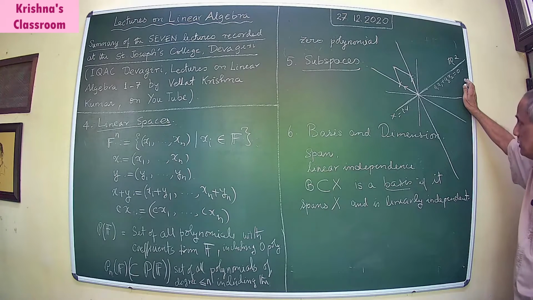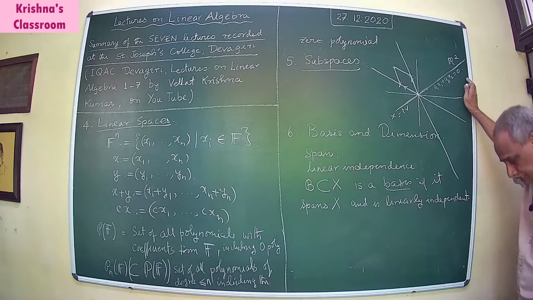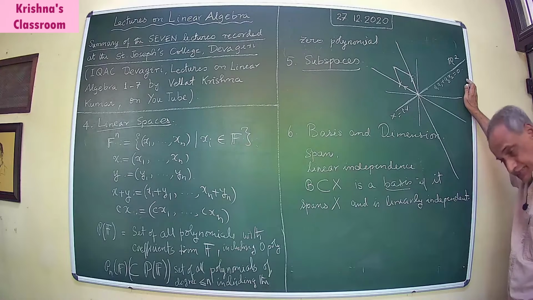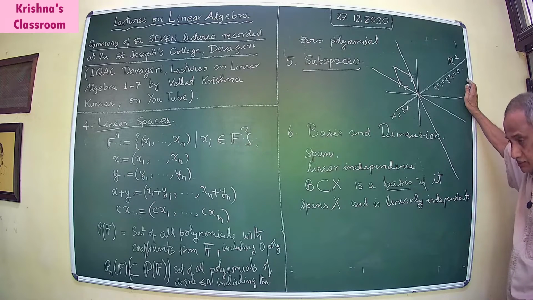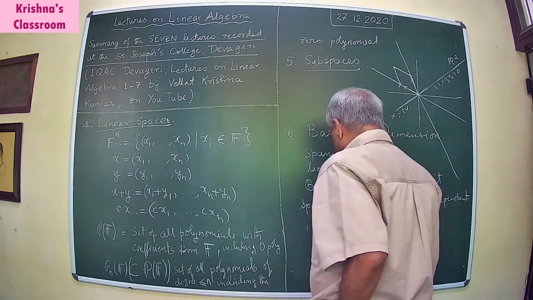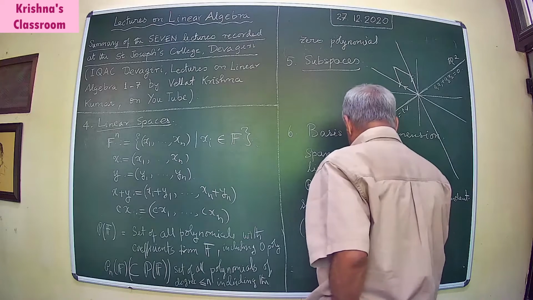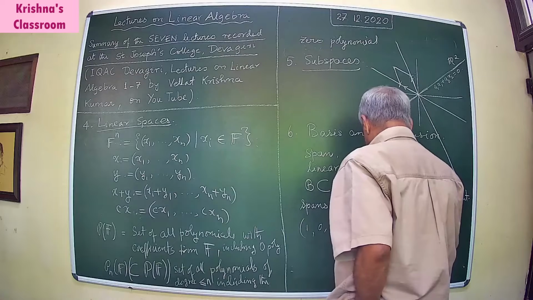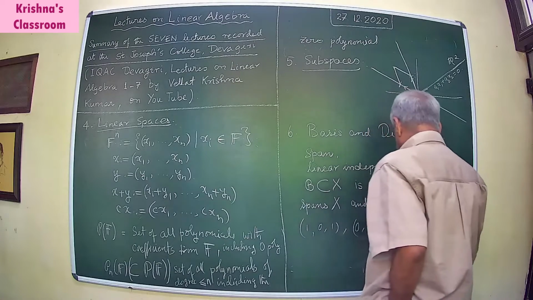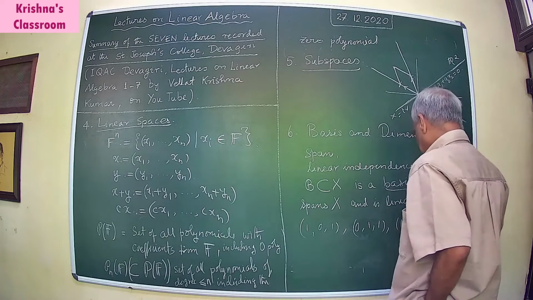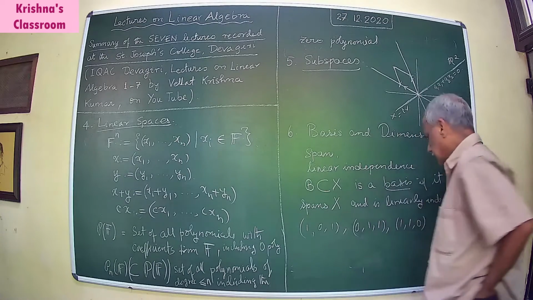And in fact, you have on R3, e1, e2, e3 is a basis. There are other vectors that you can have, for instance, (1, 0, 1), (1, 1, 1), and so on, and this is a spanning set.